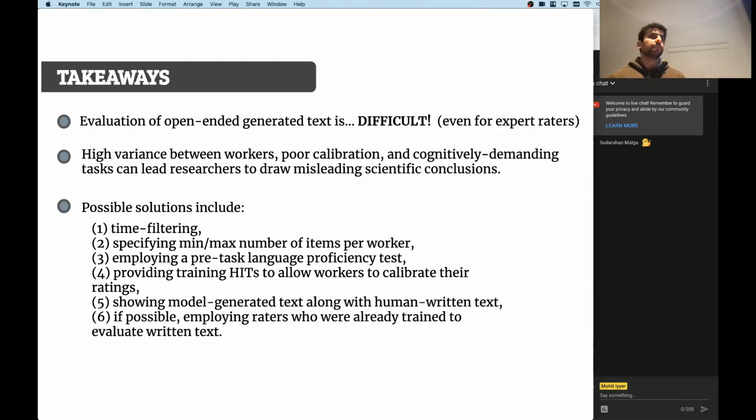Instead of the SQuAD style, here's a span that answers your question, what if you actually had a model generate an answer that explains some concept with examples and things like that? We have models that are capable of producing outputs like this, but we don't actually know how to evaluate them yet. So to get to that point where these models are useful for actual real-world applications, we need to focus on evaluation. All right, so any questions?